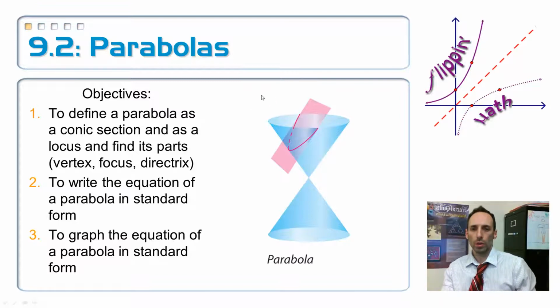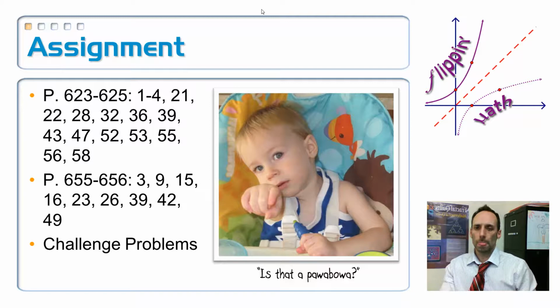That locus, the definition was that it's a set of all points that are equidistant from two things, the focus and the directrix. And we were able to find all of those different parts. We were able to come up with the equation of this thing in standard form and graph it in standard form.